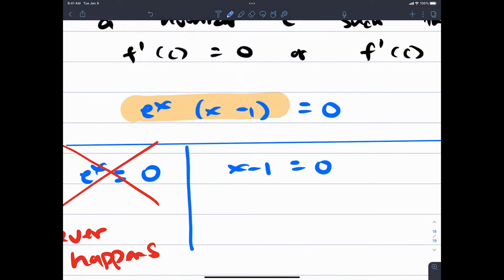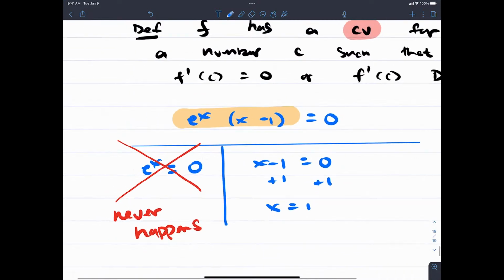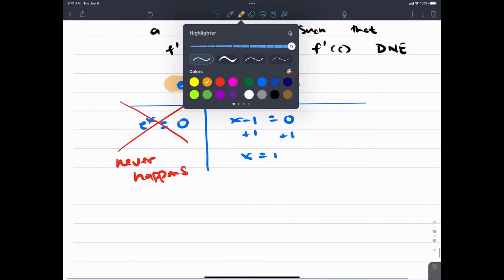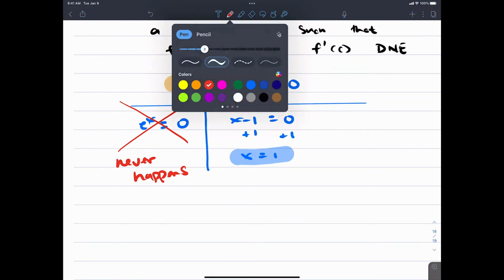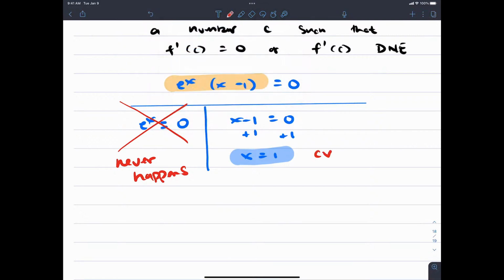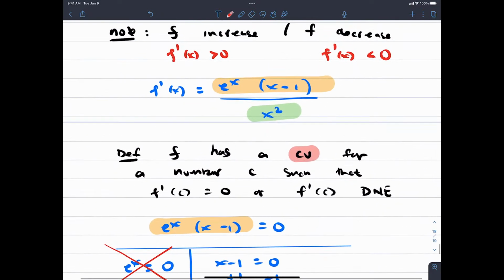That just means that the other term is making it 0. That's 0 when x equals 1. So you might say, oh, is this what they're looking for? It is. That's, by the way, the critical value.